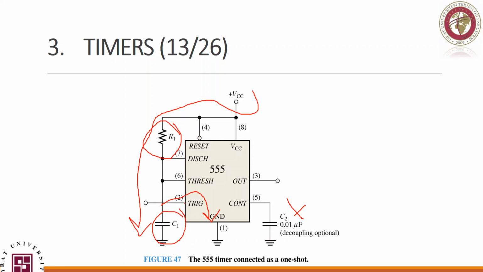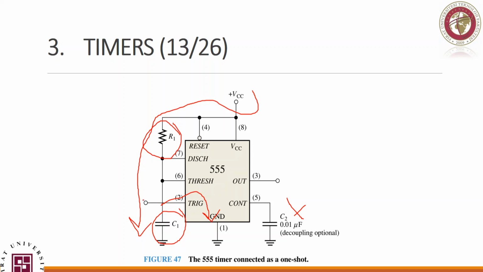Imagine it is a switch connecting this capacitor to the ground. If you connect this capacitor to the ground, it will be discharged. It will not keep any charge. So as long as the output is 0 and the internal switch or transistor is on, then we have this one discharged.